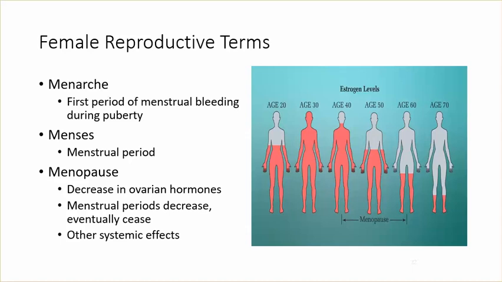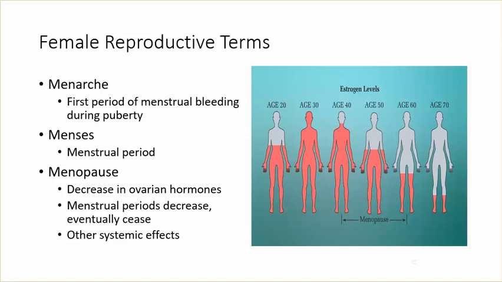As you age, estrogen levels rise, but they don't actually become their fullest until you're in your 30s, and then they start to decline. As they're declining, we call that time perimenopause, and these are declining levels of estrogen.